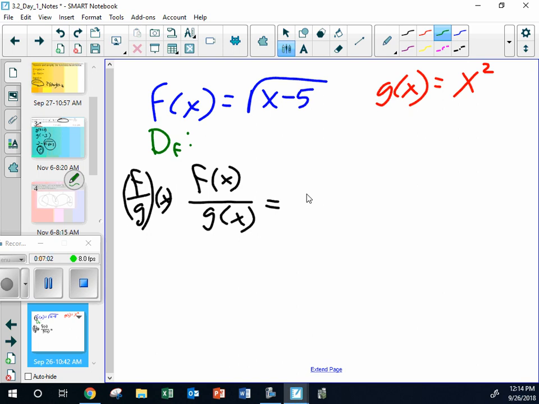That's called implied domain, meaning you have the little rules to say, oh yeah, the thing underneath the root, x minus 5, is what? Greater than or equal to 0, and then you solve that, and what is the domain of f? Write it there when you've got it. Okay, add 5 to both sides, and you have x is greater than or equal to 5. Raise your hand if you had that.